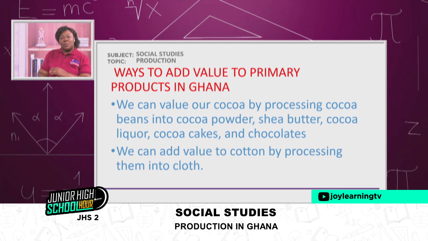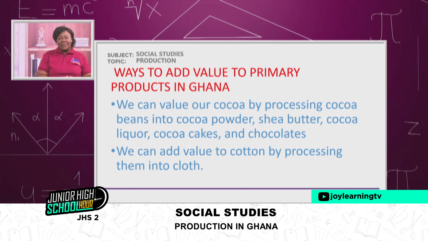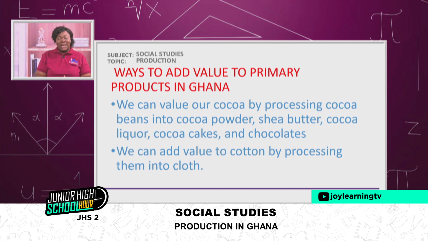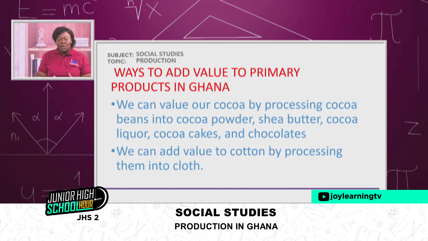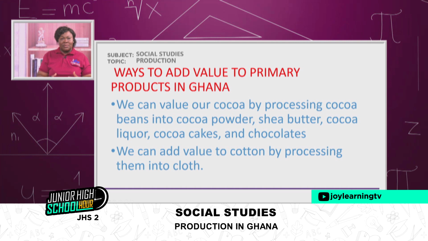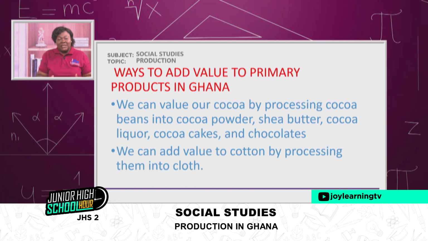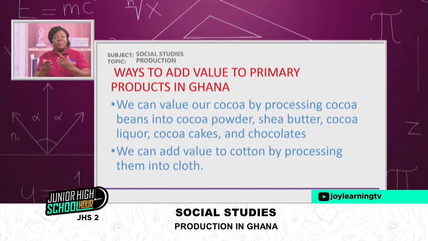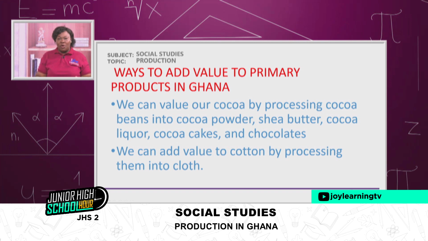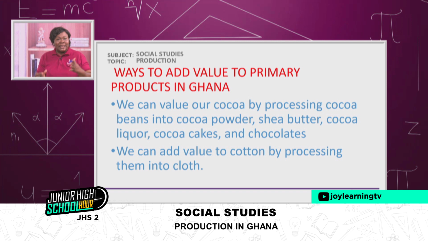Now let's look at, so if we have problems and then we have solutions to the problems, let's look at how we can add value to our primary product. When you say add value, let's say for instance, you have made kube toffee, you know kube toffee, or you have made condensed milk toffee. How do you add value to it so that when I see it, I will buy it?